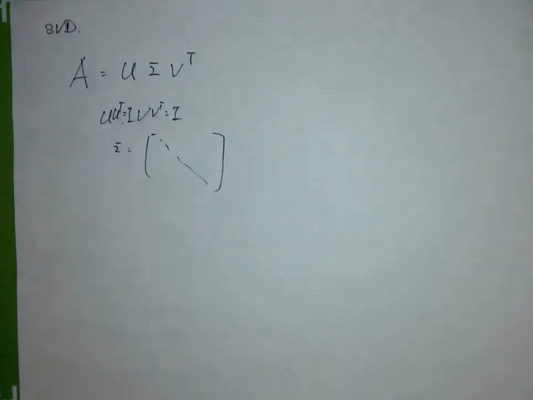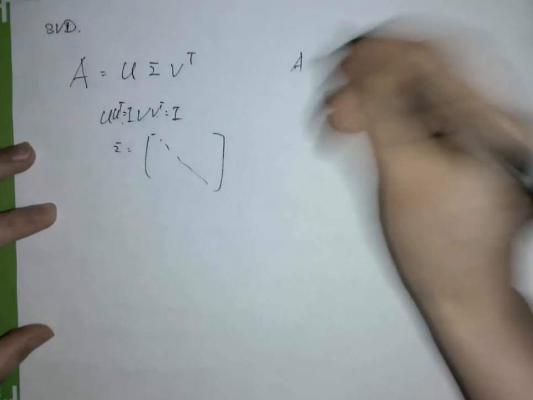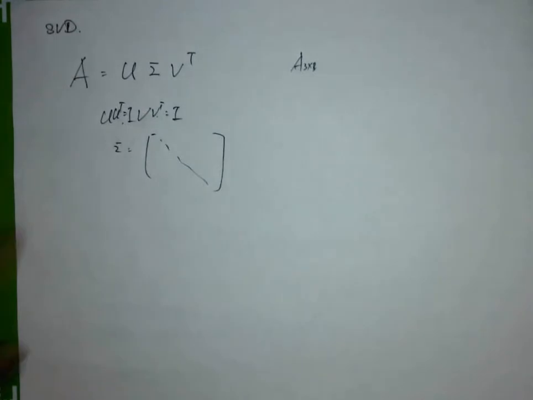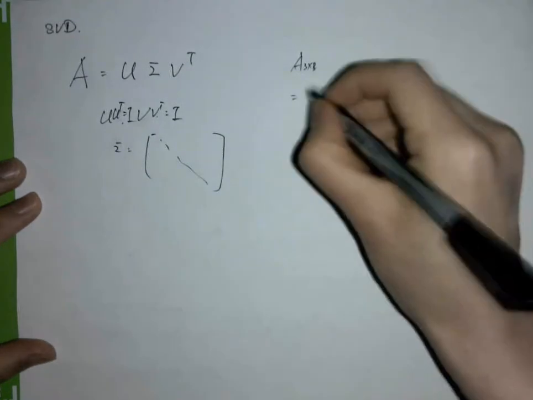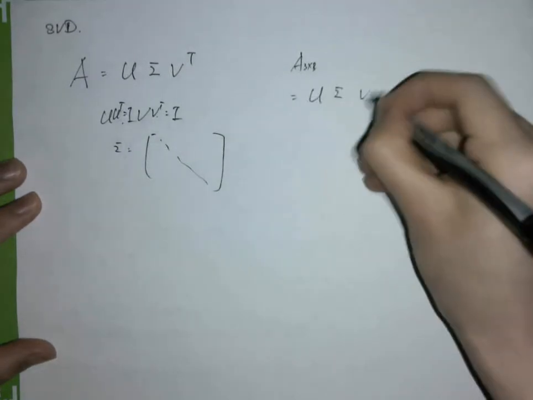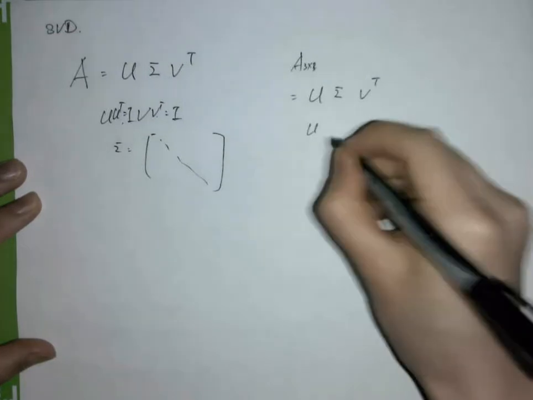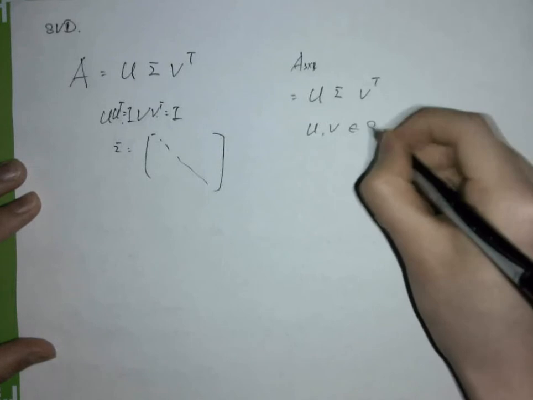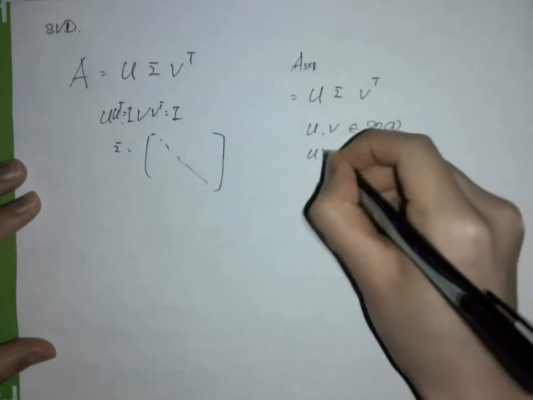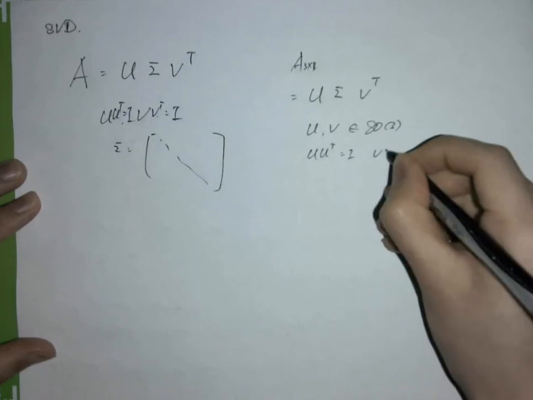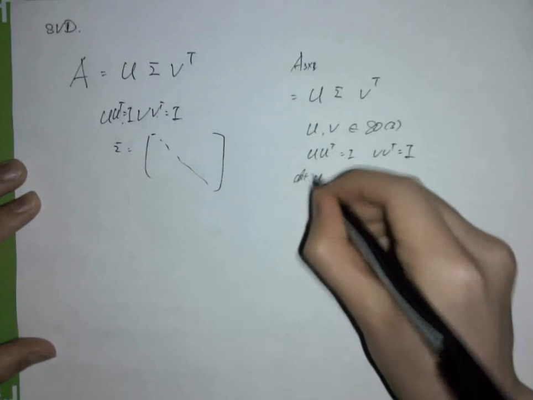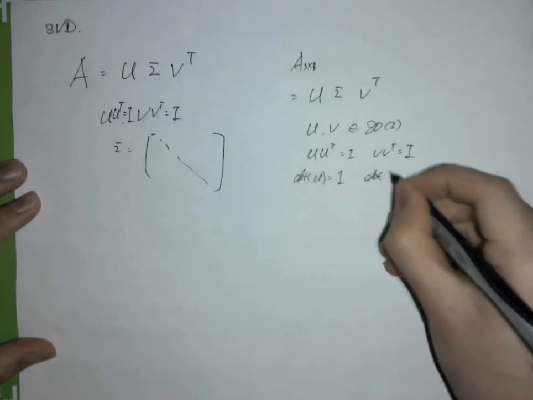But today, I'm going to do it in a slightly different way. If A is a 3x3 or 2x2 matrix, because we are simulating everything in a 3D or 2D world, we also want to decompose it into U sigma V transpose, where both U and V belong to SO(3), which means those two matrices are not only orthogonal, but also the determinant of U needs to be 1 and the determinant of V needs to be 1.